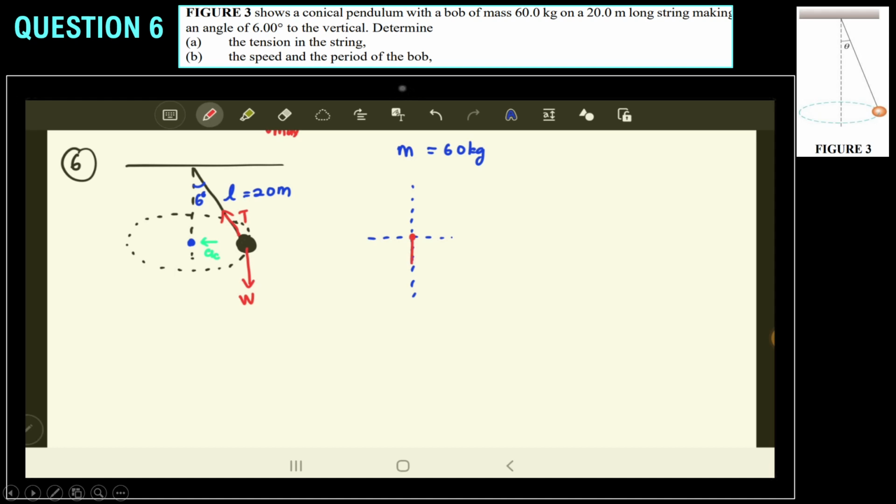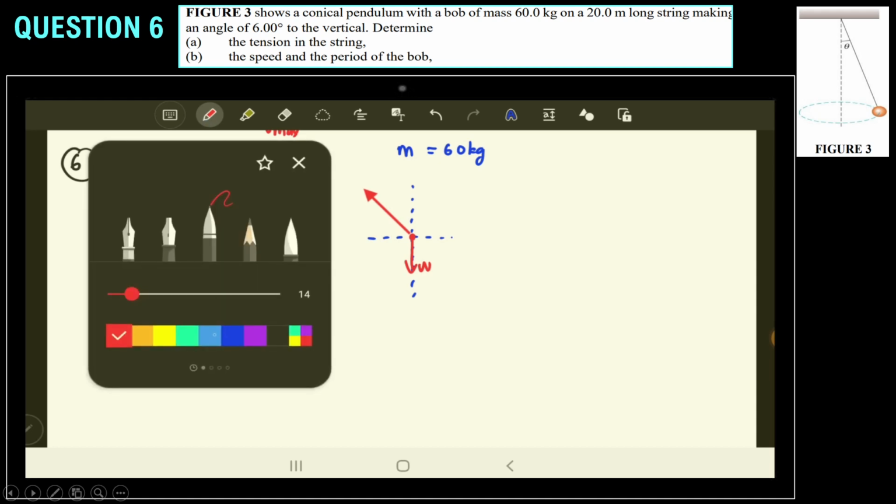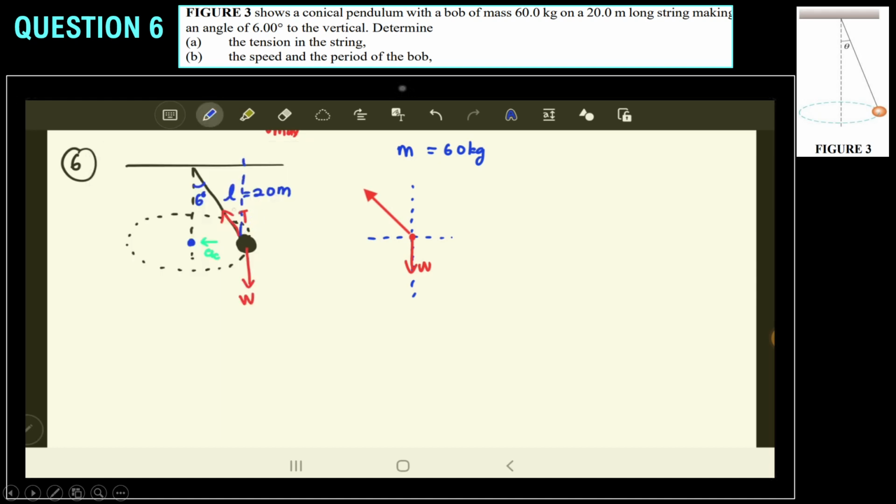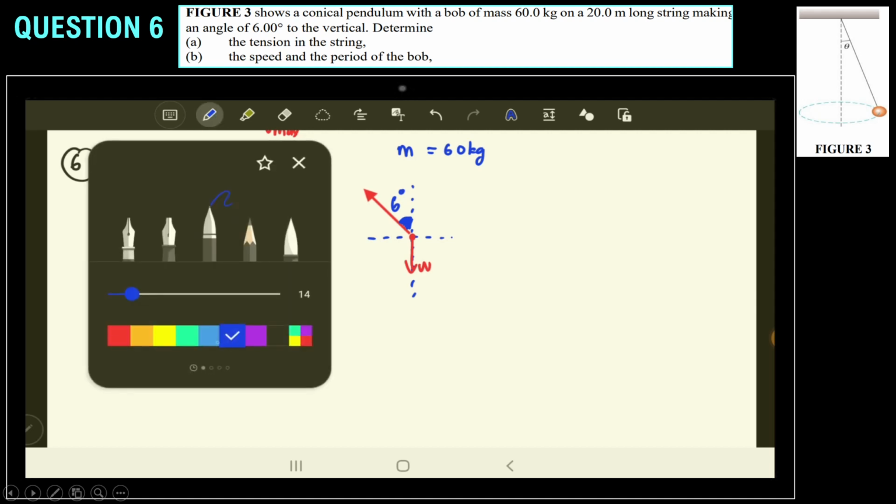Look at here, we have W and here we have T. Since this angle is 6 degree, this angle here is also 6 degree. Now I want to resolve into X and Y components.